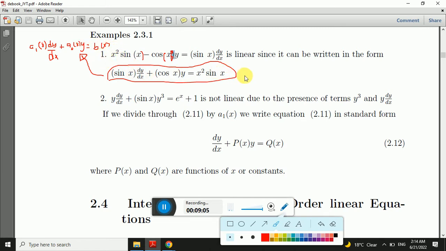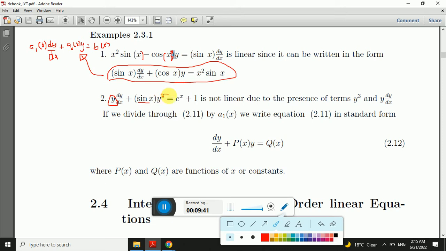So example 1 is a first order linear differential equation, while if you look at the second one, you have y dy dx. This y here is not a function of x, so automatically this disqualifies the second example from being linear. Also, when you look at this next one, you have sine x. Okay, that is fine, this is a function of x, but now this is y cubed, and yet the definition says a0 of x y.